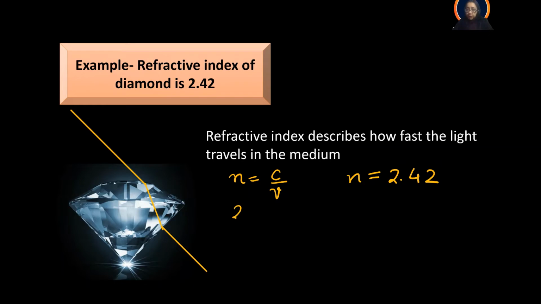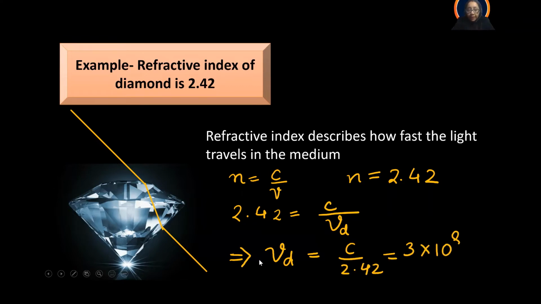So let's substitute it: 2.42 equals the speed of light in vacuum divided by the speed of light in diamond. We can calculate the speed of light in diamond just by cross multiplication. We can put Vd on the left hand side, and we can write that C divided by 2.42 is the velocity of light in diamond.